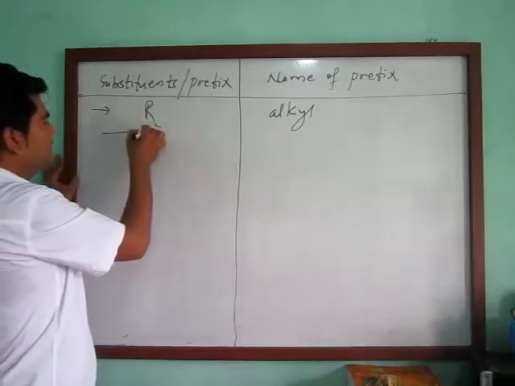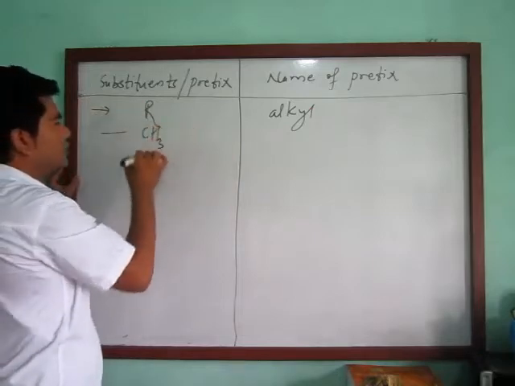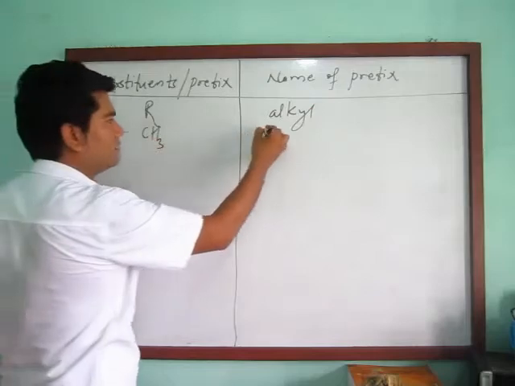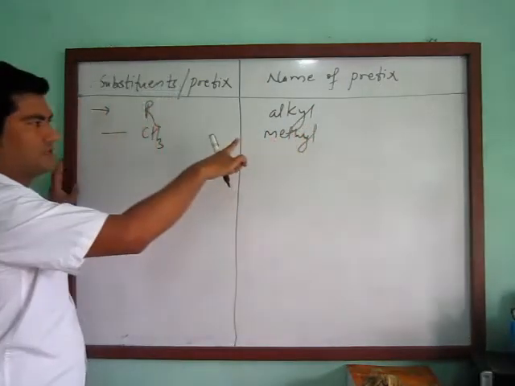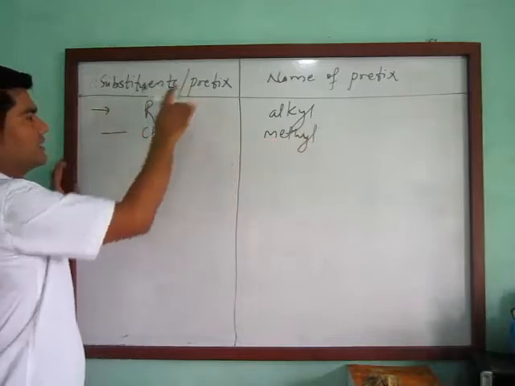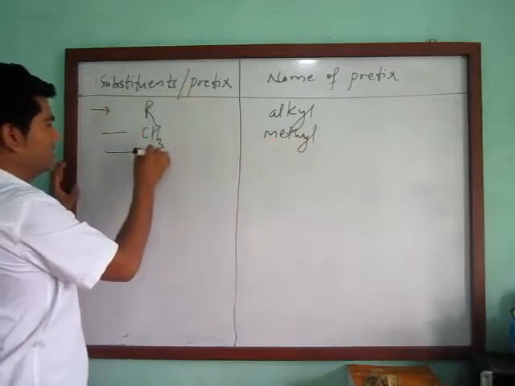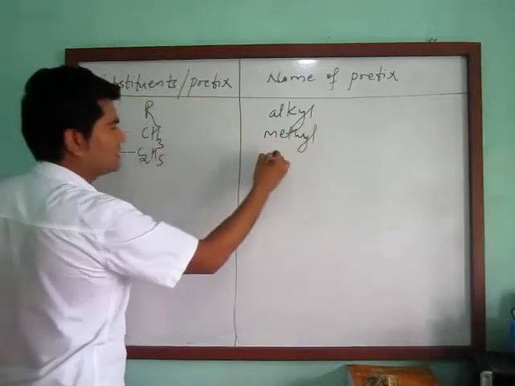Similarly, if a CH3 group is present, then the name methyl should be used as a prefix. Similarly, for C2H5, this one is ethyl.